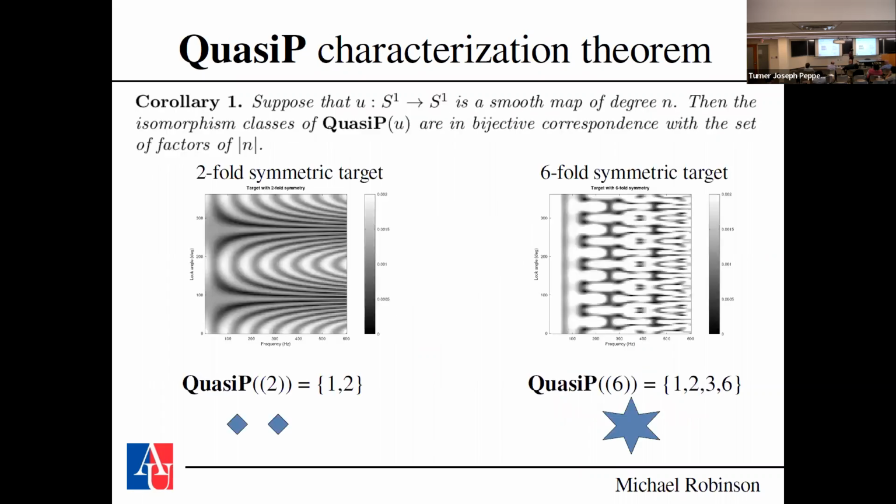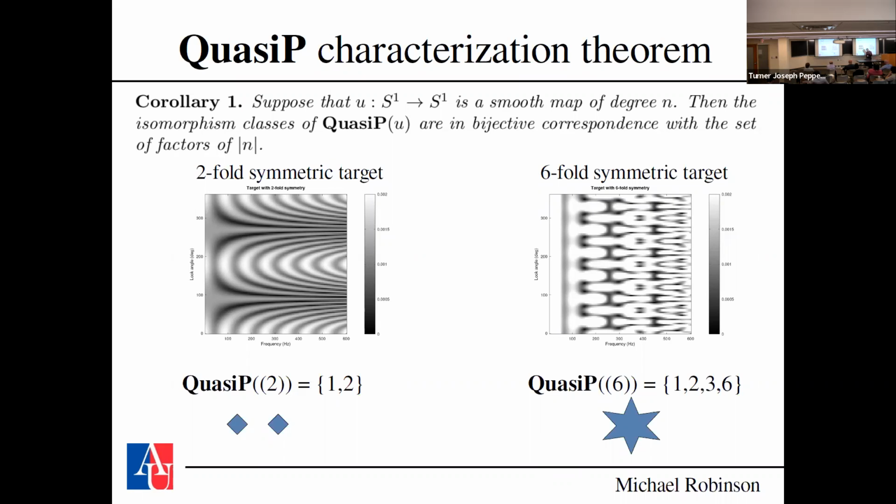So let me end with a theoretical example that kind of shows this. Here's a target that consists of 2-point scatterers. The symmetry classes are characterized by the little figures at the bottom. And by looking at what different kinds of factors I have associated with 2 or with 6, those in fact are in one-to-one correspondence with the isomorphism classes of the factors.